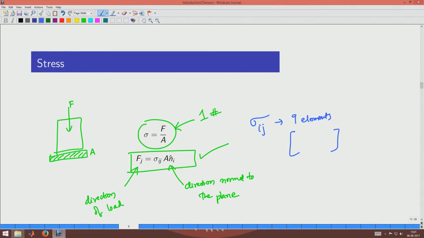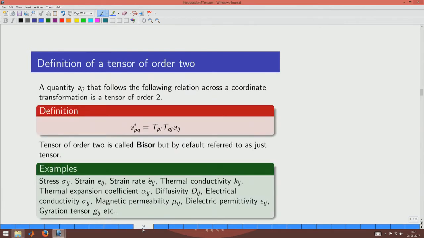So, we must not forget that stress is a tensor of order 2, and so we can use that to define further quantities as we go along. Okay. So, let us now define the tensor of order 2, and then we will also use the expression that we have used for stress to check whether it is a tensor of order 2 or not. Okay. We will come to that shortly.